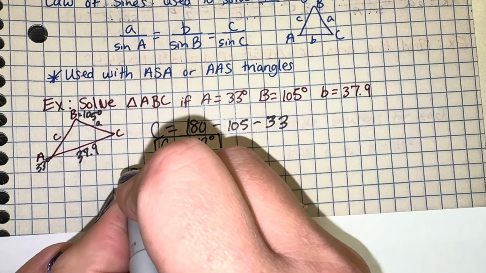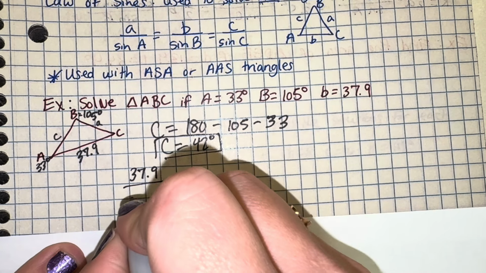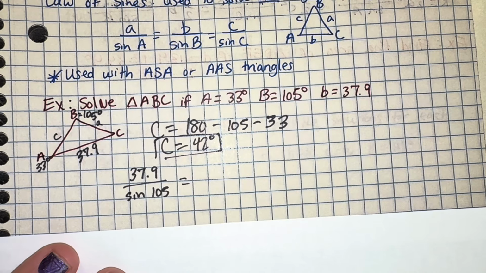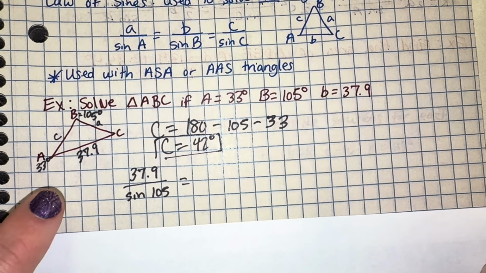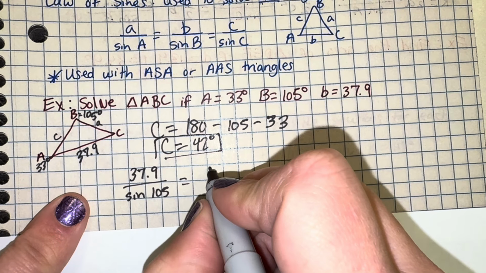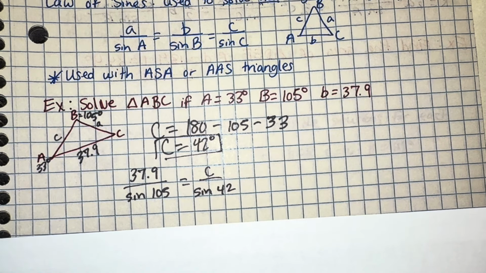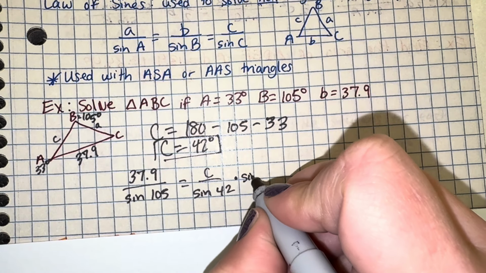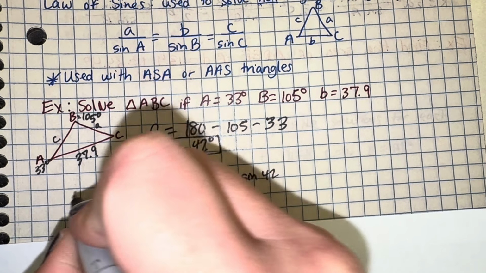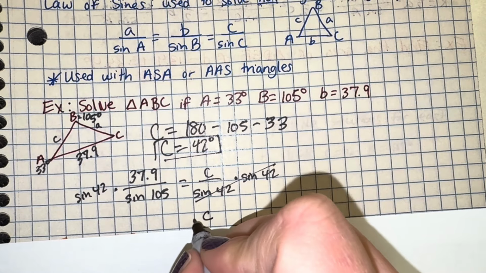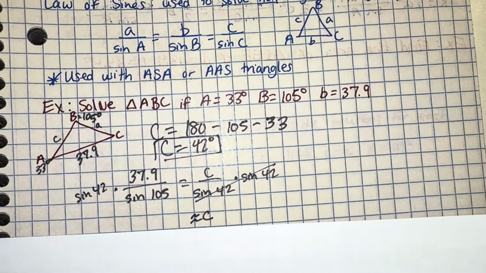So that would be 37.9 over sine of B, and that is going to be equal to, we'll do C just because it's right here, sine of 42. And so now I need to solve that for C. So I'm going to multiply both sides by sine of 42, and that is going to get me what C is approximately equal to.